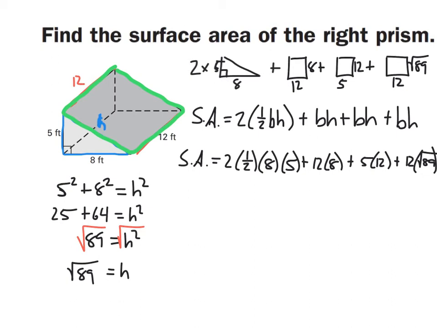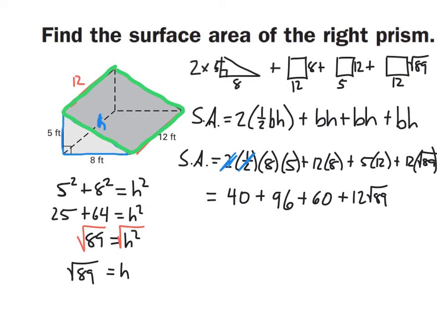Now we can simplify. Well, I see that 2 times 1/2 is just 1. So what's 8 times 5? 40 plus 12 times 8, 96. Plus 5 times 12, 60. Plus 12 times the square root of 89. Leave it in simplest radical form. I want to simplify this down.